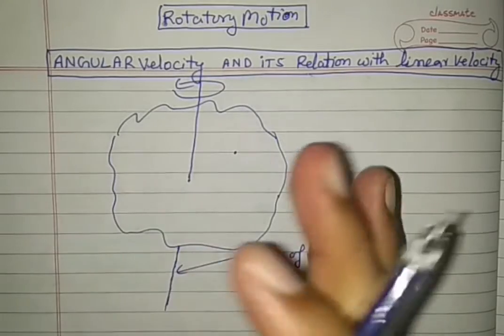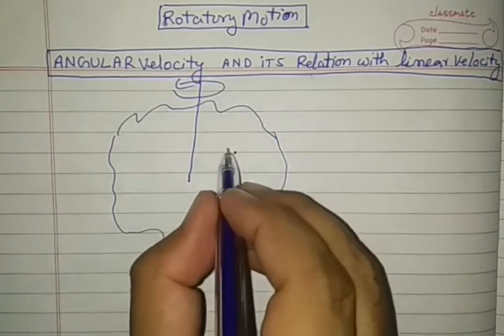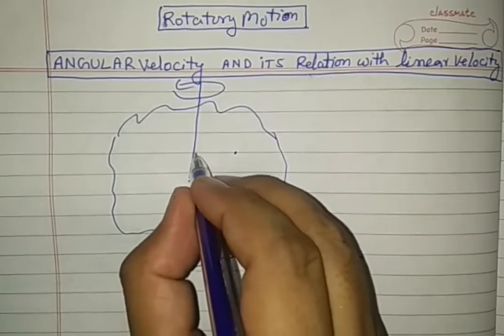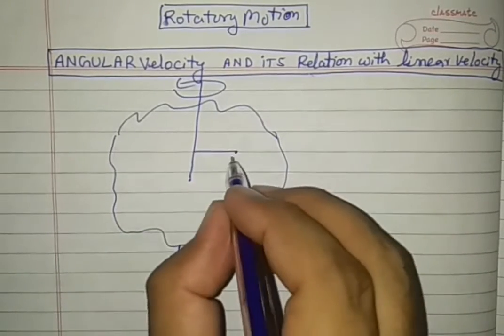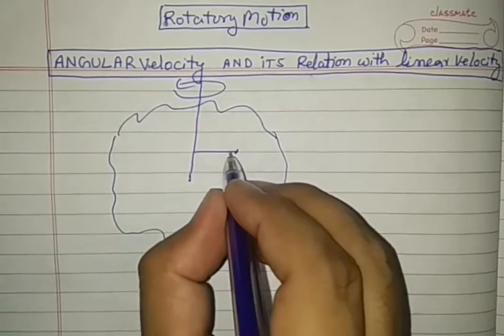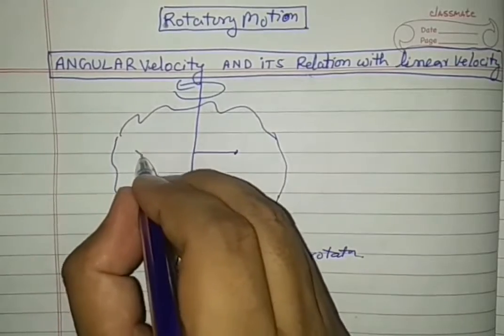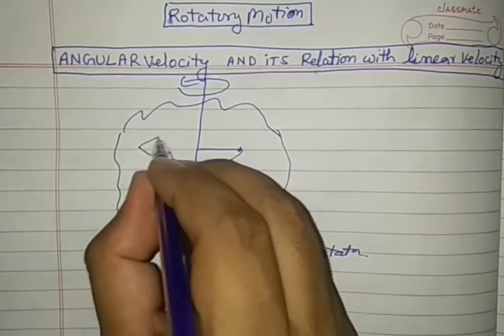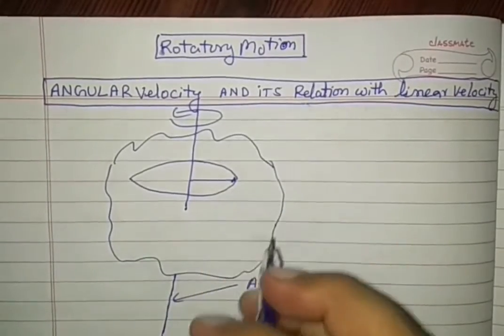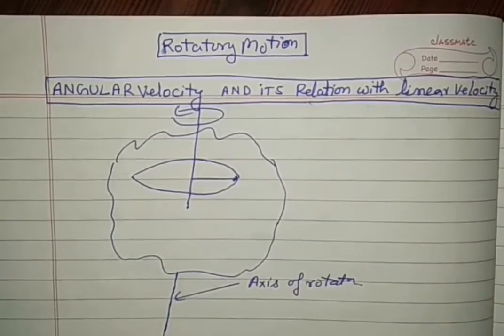With the rigid body it also rotates, and this body which rotates, let it be at some distance, small r, from here, and it rotates around in a circular path with uniform speed v.